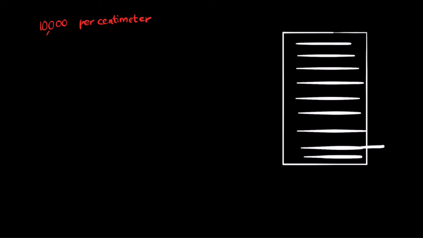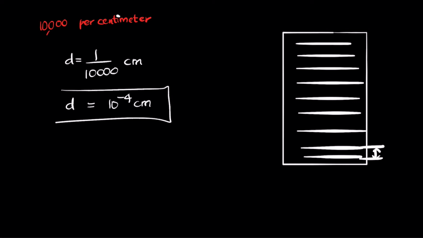Then how do you calculate the distance between every two slits? One way is to invert this value of per centimeter. So the distance d becomes 1 by 10,000 centimeter, which is 10 to the power of negative 4 centimeter. So the d value here is 10 to the power of negative 4 centimeter.